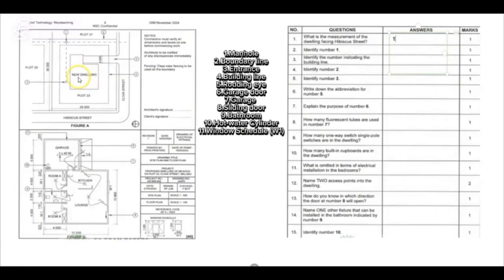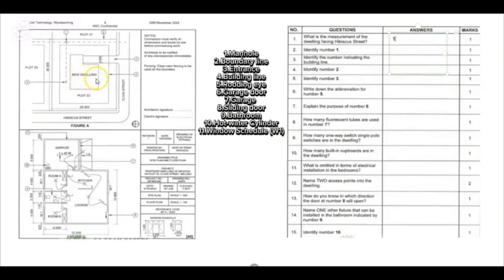Number 8 is the main or the sliding door. Number 9 is the bathroom. Number 10 is the hot water cylinder. Number 11, which is the last numbered part, is the window schedule, W1. Final tip before we continue, always double check where the north point is positioned.